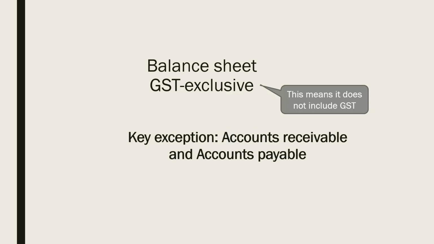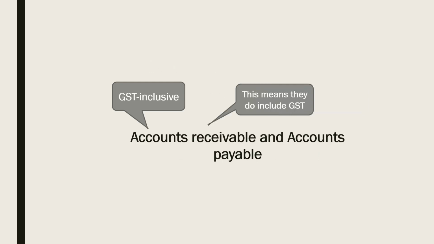The same also typically applies to all items in a firm's balance sheet. These are usually stated exclusive of GST. A key exception to this is accounts receivable and accounts payable. These items in the balance sheet are usually shown inclusive of GST.